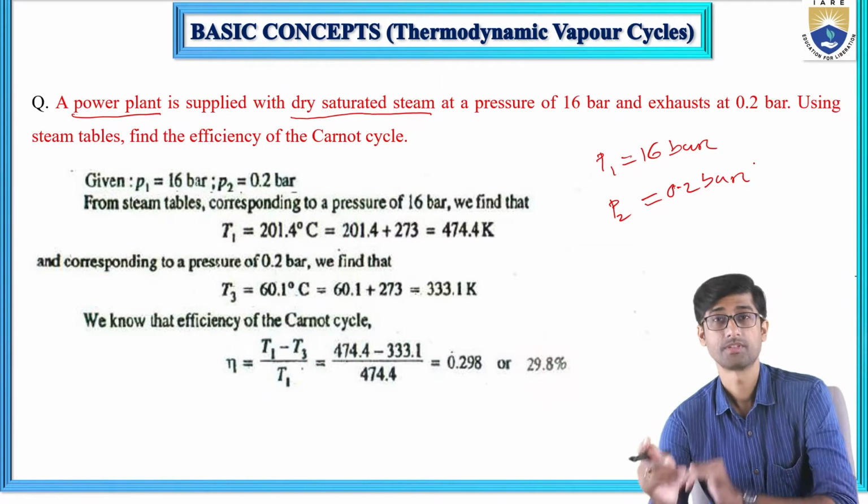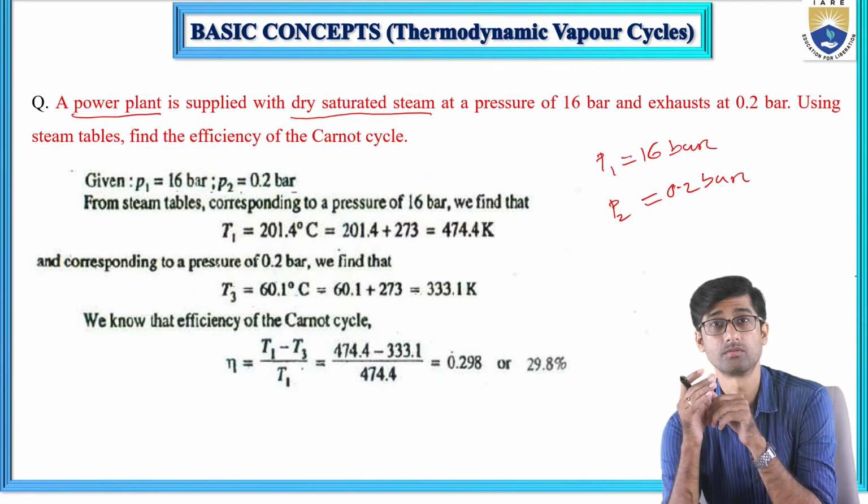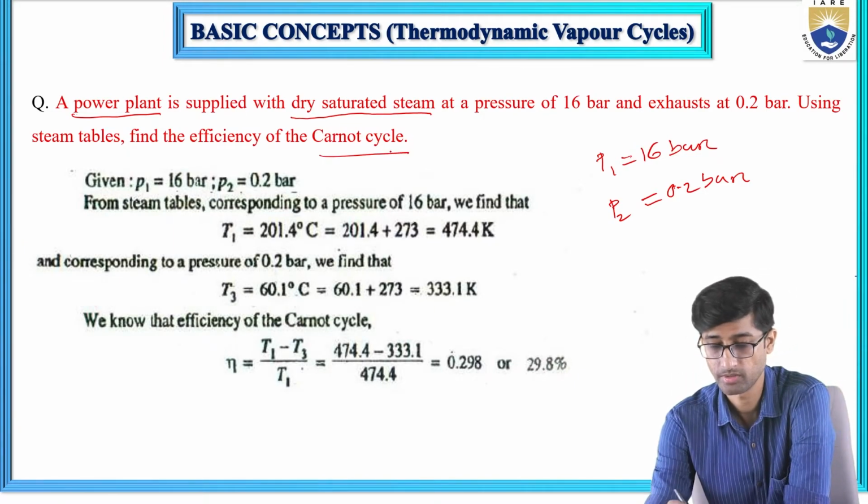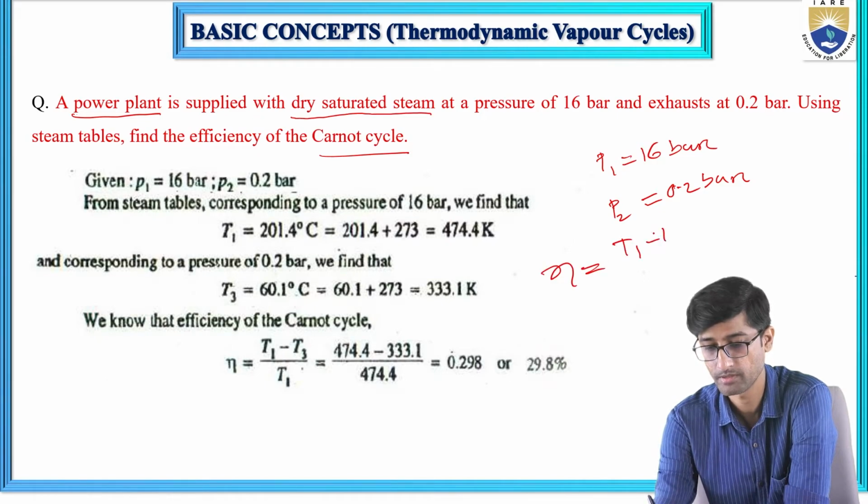Now we are using the steam table here. So using this steam table, calculate the efficiency of the Carnot cycle. Already we have discussed that the efficiency of the Carnot cycle is equal to (T1 minus T3) by T1, right? So what is T1? We have to calculate T1.